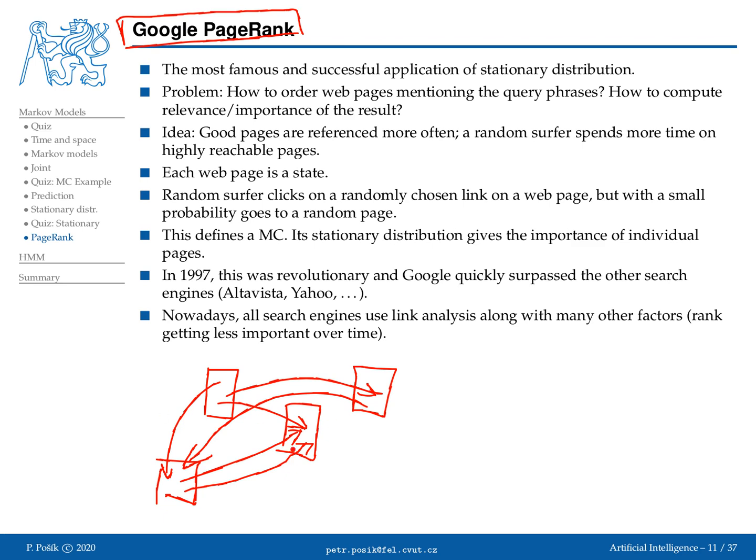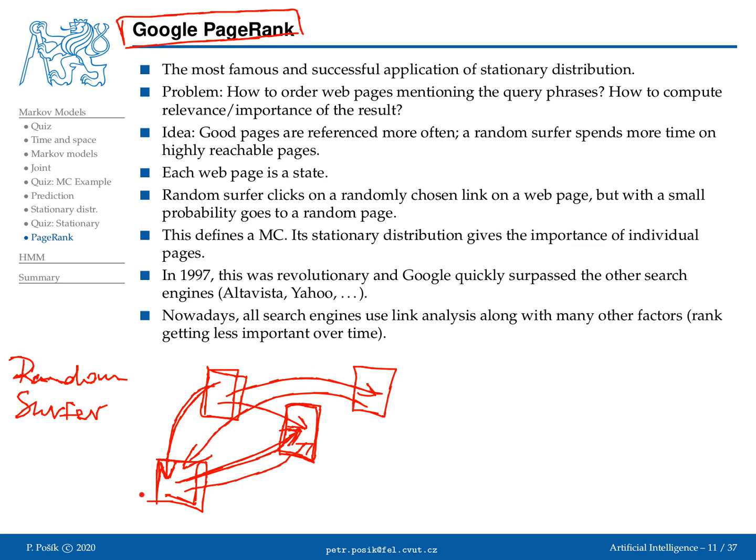They do that using a random surfer that starts at a randomly chosen page. It selects one of the links on the page randomly and follows it, for example to this page. Then it selects again one of the links randomly and follows it. On this page, you don't have any outgoing link, so you start the process over, etc.